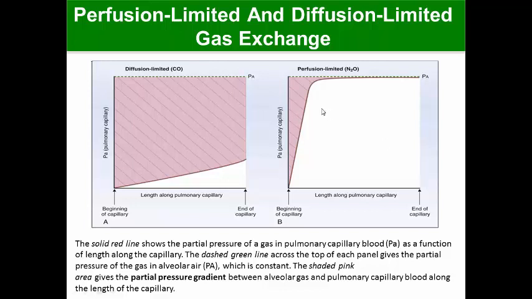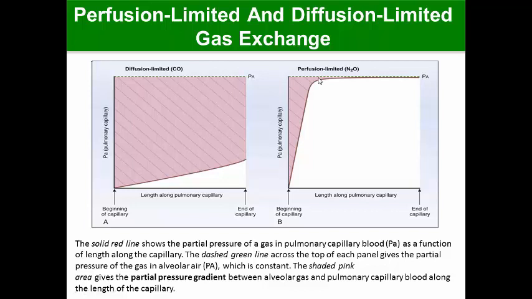This is not the case here, for that gas, which could be nitric oxide or oxygen. For that gas, now the partial pressure of the gas increases and reaches the partial pressure of the gas in the alveolar air.